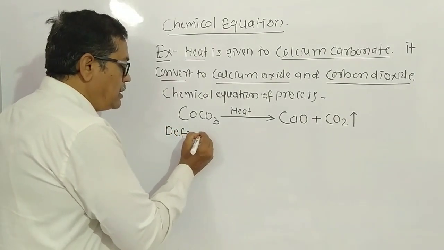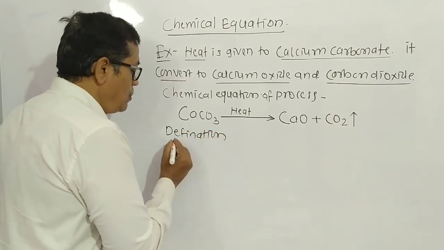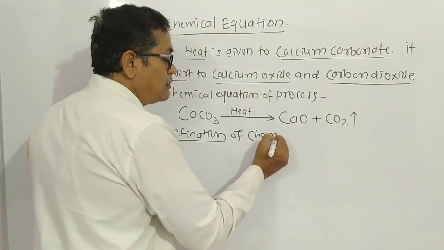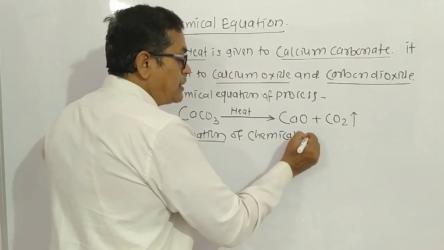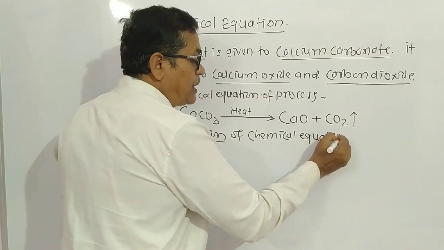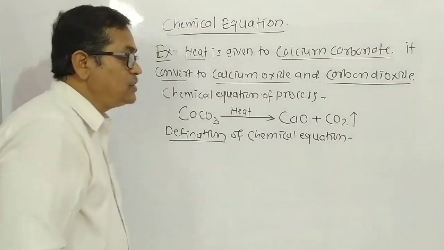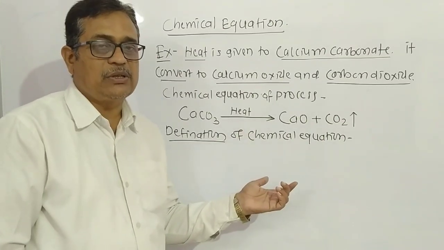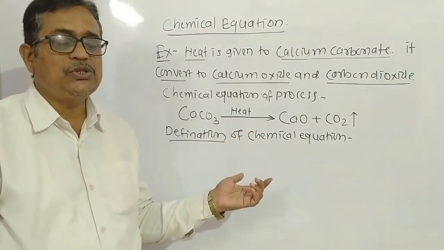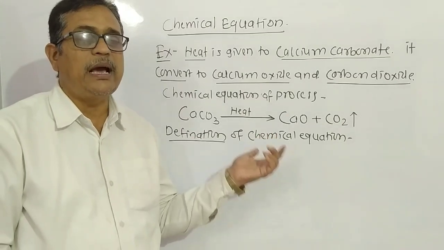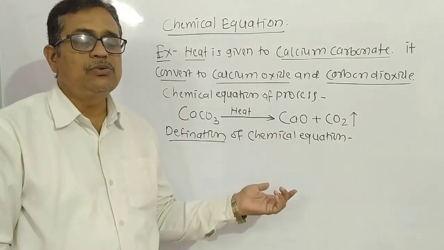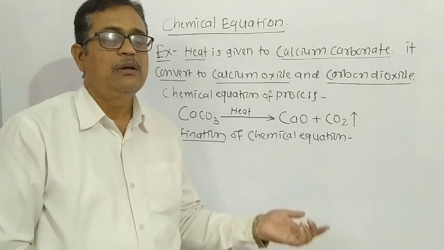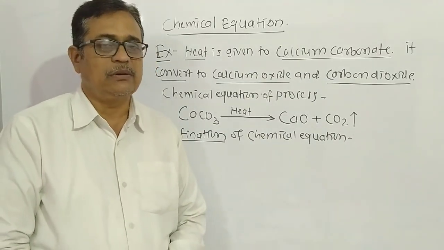What is the definition of chemical equation? It is a representation of a chemical reaction by using molecular formulas and symbols of reactants and products, and that is called a chemical equation.